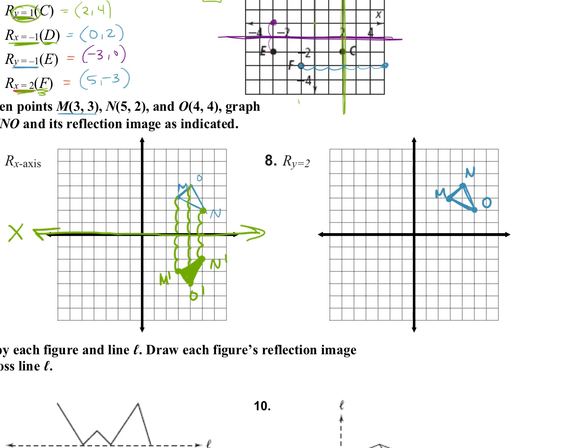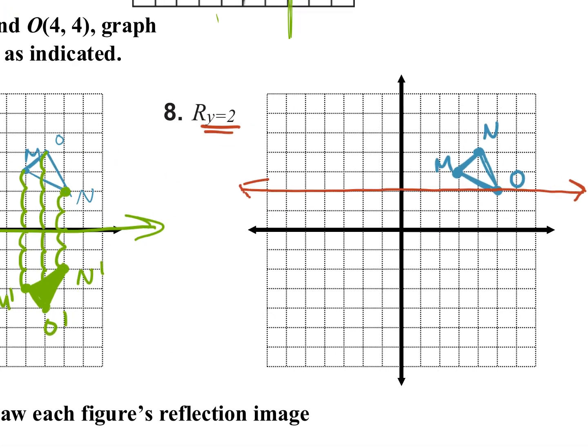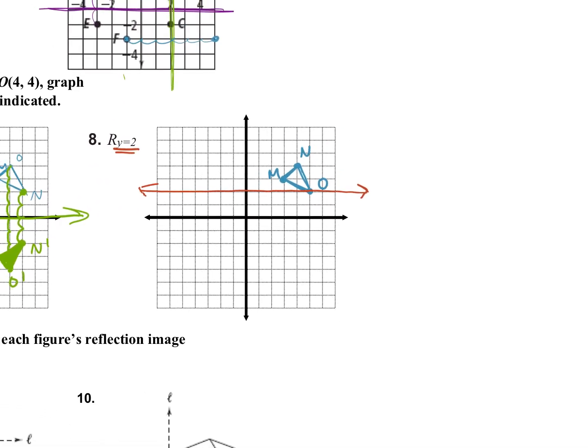There's something interesting about this one. Where is the line y equals 2? It's horizontal. You go up 2, right? Y equals 2 is this line. It's right on O. So O stays in the same place. If the line goes through a point, that point stays put.